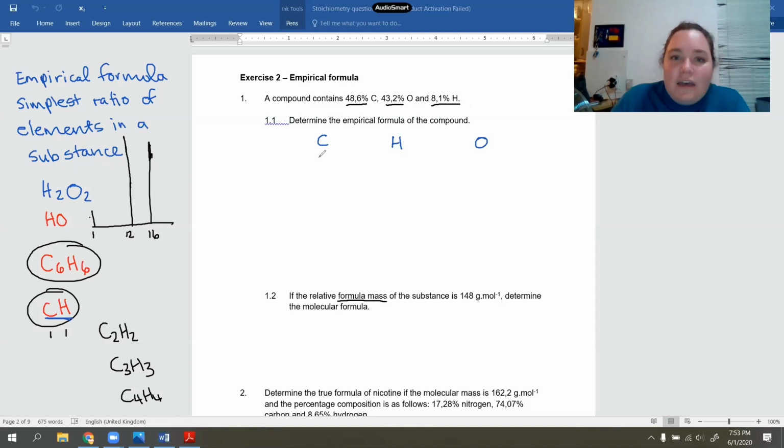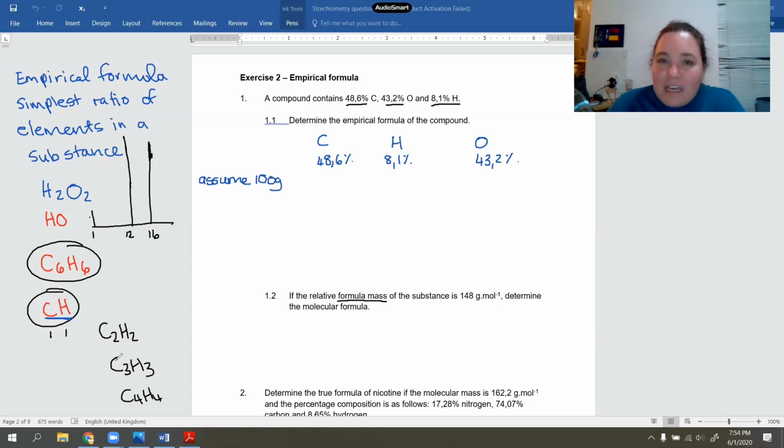Okay, so over here, I know that I've got 48.6% carbon. I know I've got 43.2, wrong way around. That's not hydrogen. I've got 8.1% hydrogen, and I've got 43.2% oxygen. The first assumption I make, and you have to write this down, is I assume I have 100 grams.